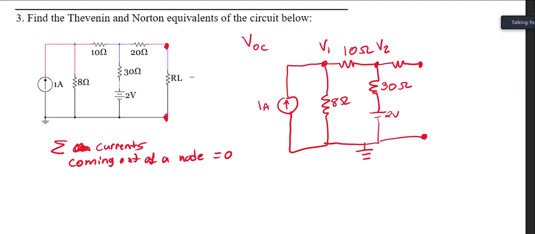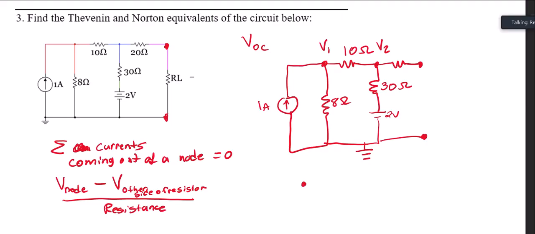And a current coming out of a node can look at a couple different ways. You could have V node minus V at the other side of the resistor over the resistance.